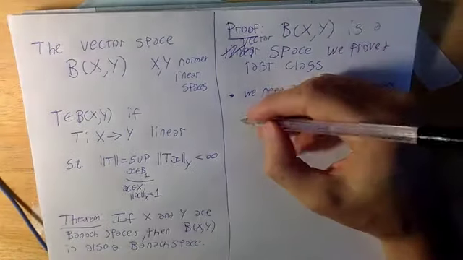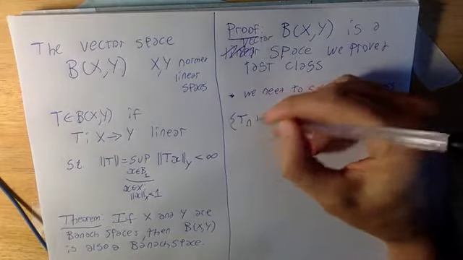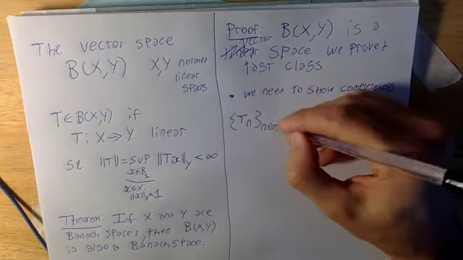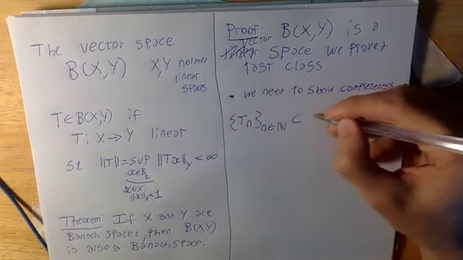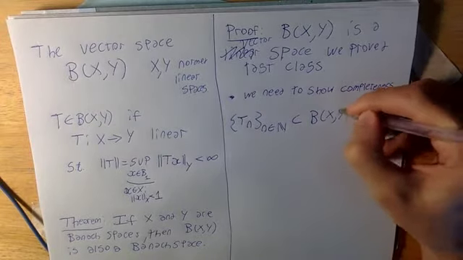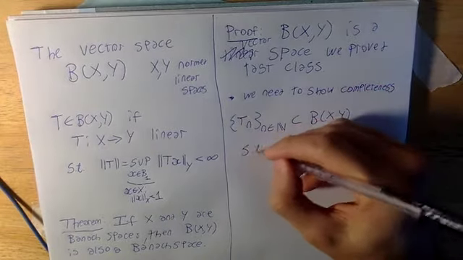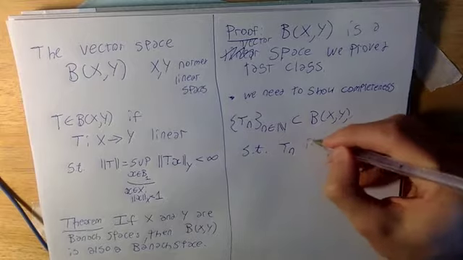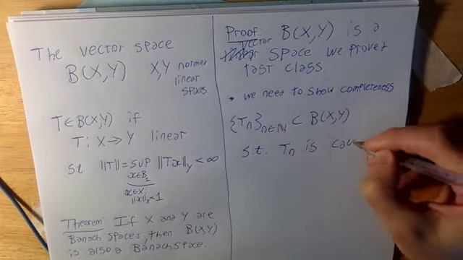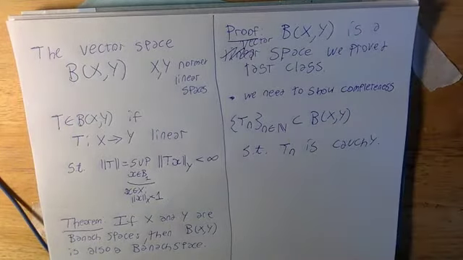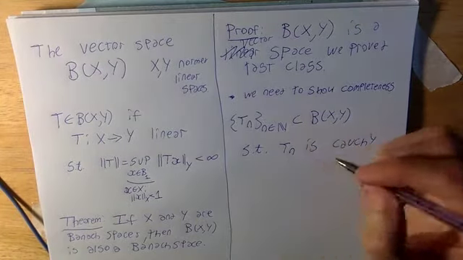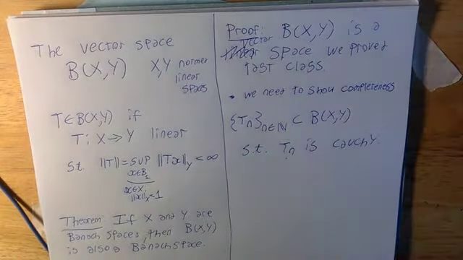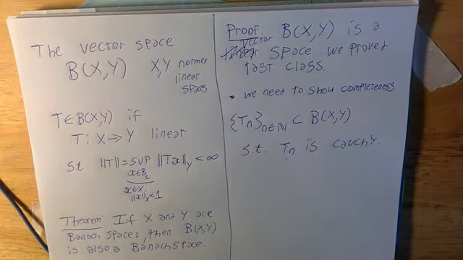So we have Tn, a sequence with n in N, which is a subset of B(X,Y), such that Tn is Cauchy. Okay? So then the point is, can we find a limit for Tn within B(X,Y)?